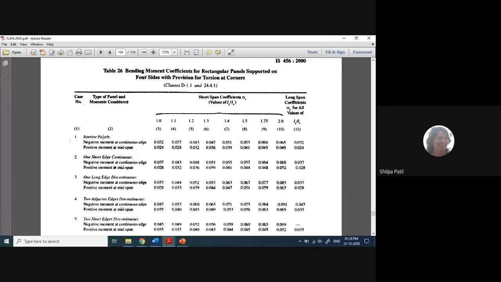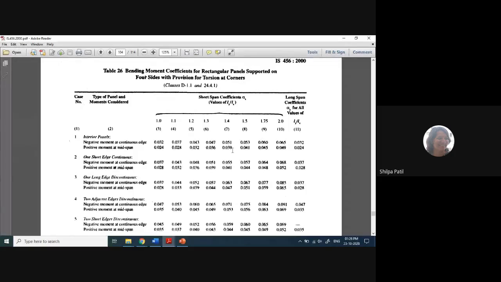Okay, so I will just discuss regarding the first case. When it is an interior panel, it means all the four edges are continuous. The negative moment will be developed at the continuous edge and positive moment will be developed at the midspan. So for negative moment, these are the coefficients for alpha x and this is for alpha y, whereas for positive moment these are the coefficients for alpha x and this is for alpha y.